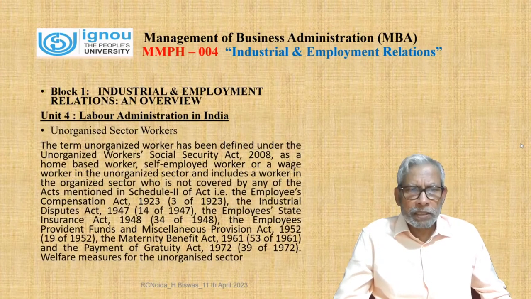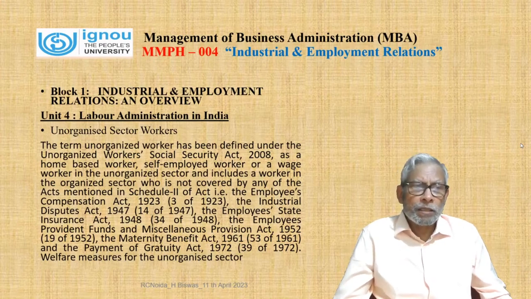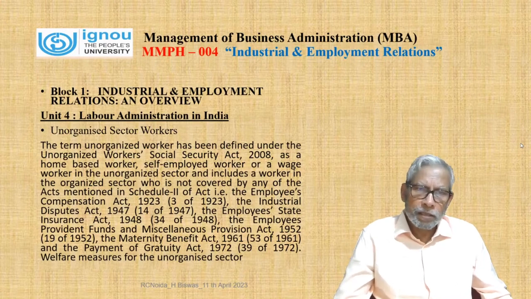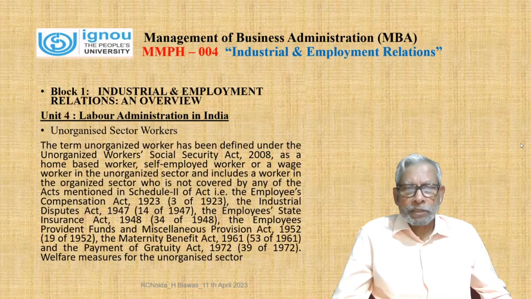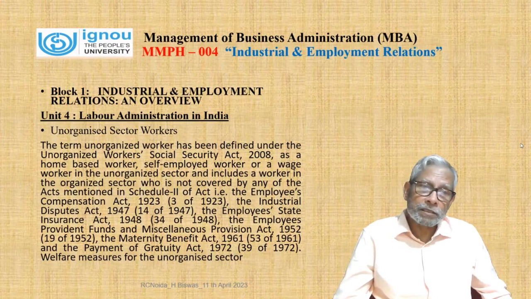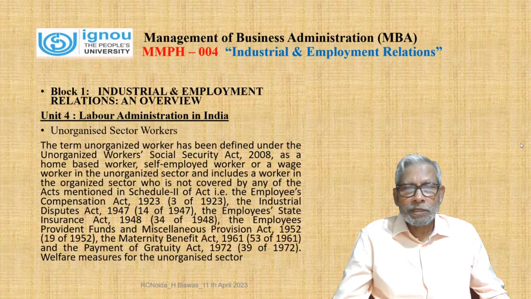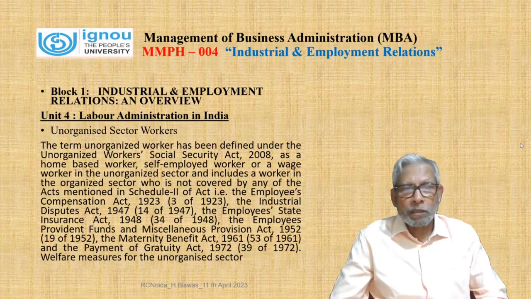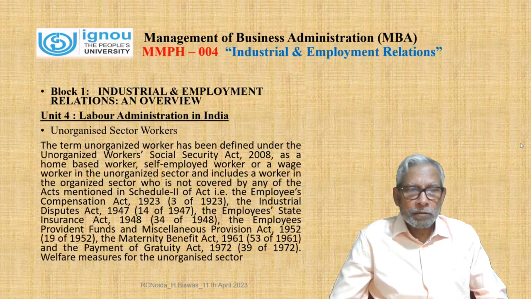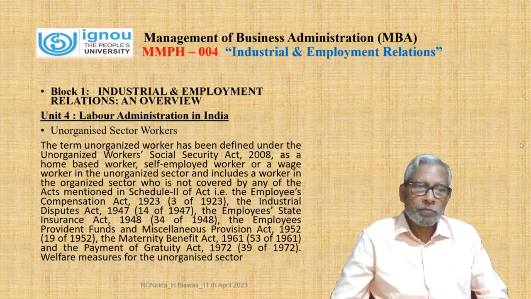Basically, the term unorganized workers has been defined in the Social Security Act prepared in 2008, where it is defined who the unorganized are: a home-based worker, self-employed worker, or a wage worker in the unorganized sector, including a worker in the organized sector who is not covered by any of the acts mentioned in Schedule 2 of the Act, the Employees Compensation Act 1923, the Industrial Disputes Act, the Employees State Insurance Act, the Employees Provident Fund and Miscellaneous Provisions Act, the Maternity Benefit Act, and the Payment of Gratuity Act.